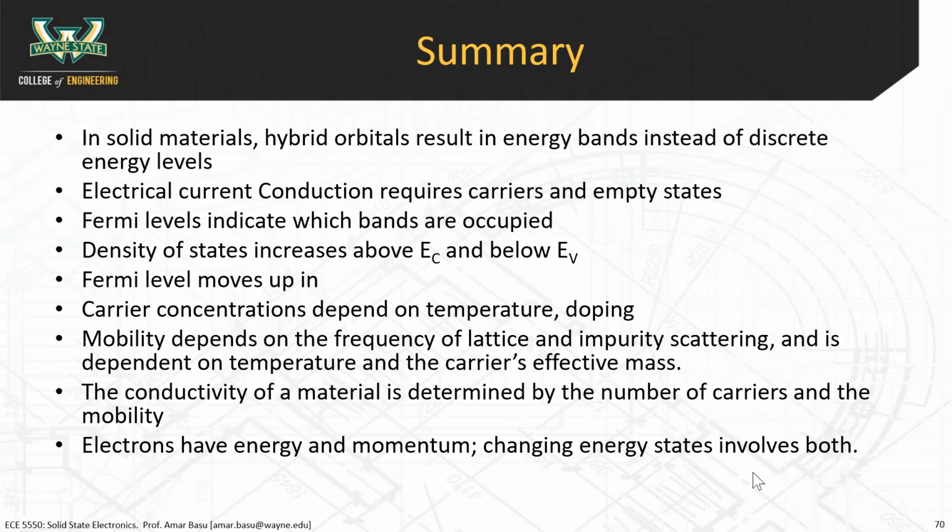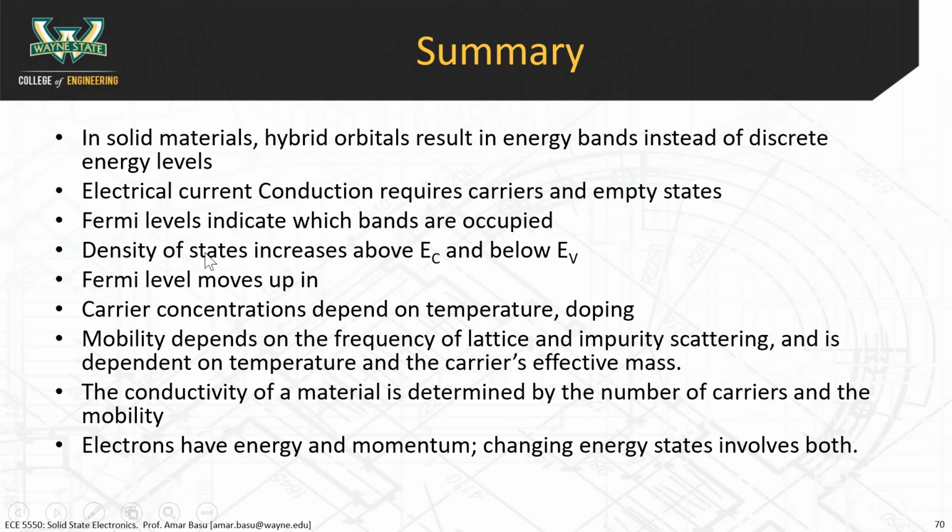So we talked about band diagrams and what it means for a material to be conductive, whether it has empty bands, completely full bands, or partially full bands. The Fermi levels indicate which of the bands are occupied and which ones are not. So just by looking at a diagram of the bands and the Fermi level, you should be able to tell whether it's an insulator, a semiconductor, or a metal.